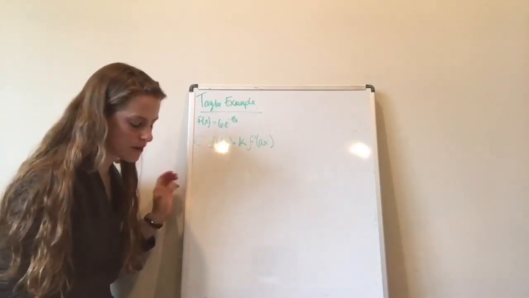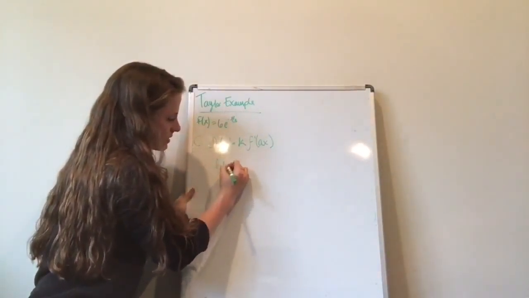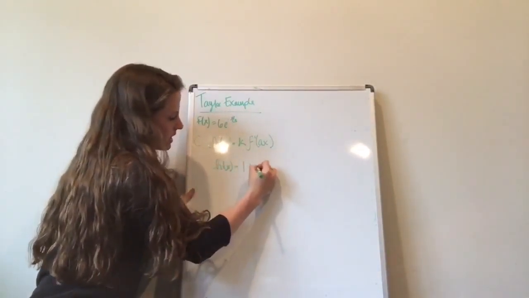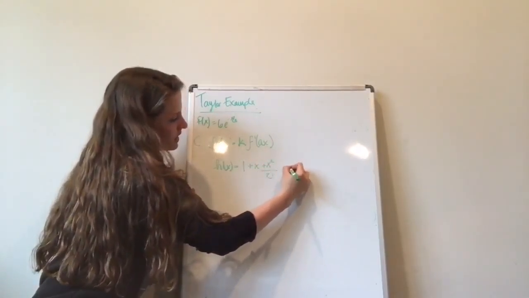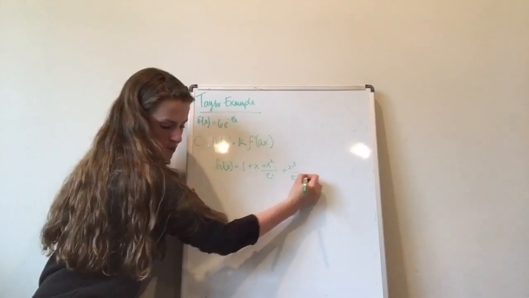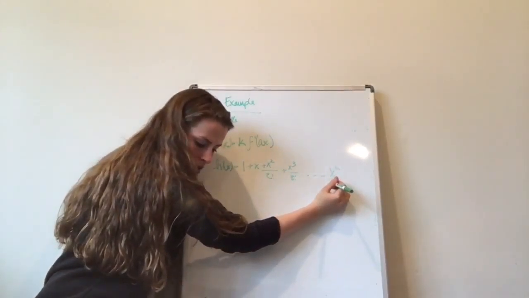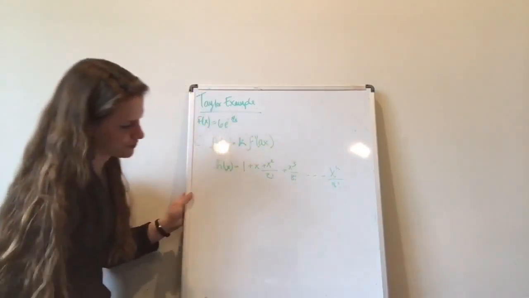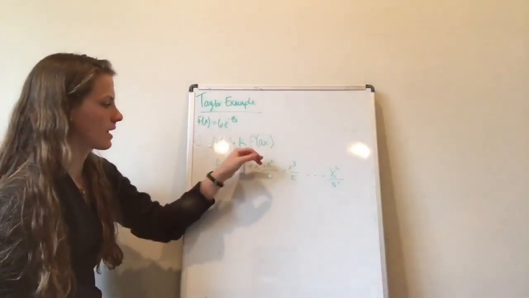The Taylor series for h about x equals 0 is given by this: h of x equals 1 plus x, plus x squared over 2 factorial, plus x cubed over 3 factorial, and so on, plus x to the n over n factorial. Okay. And so it says find the values of a and k.